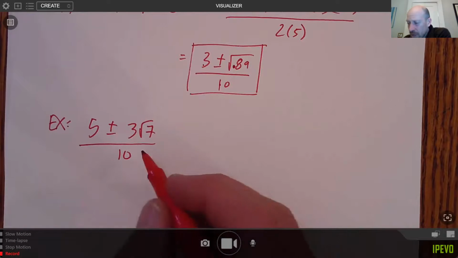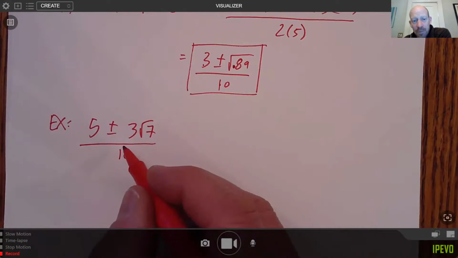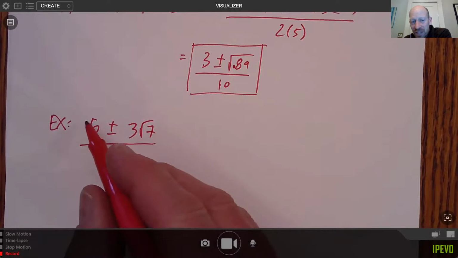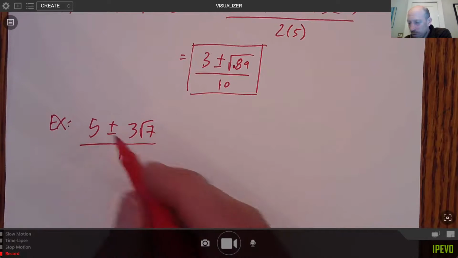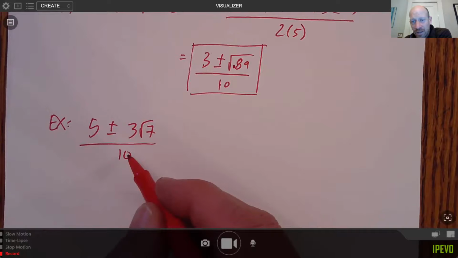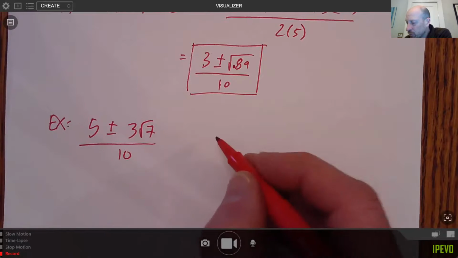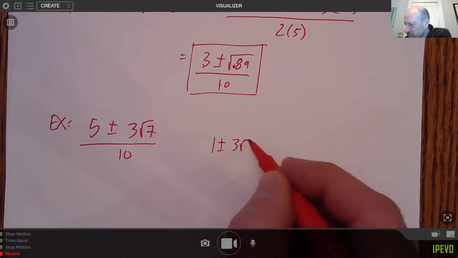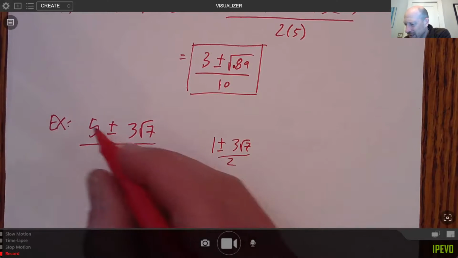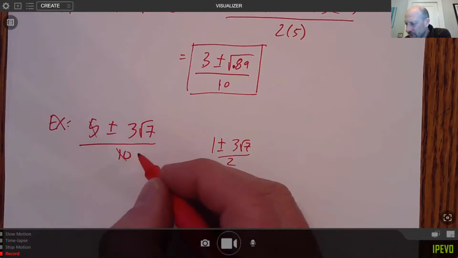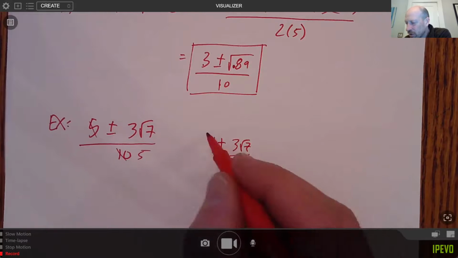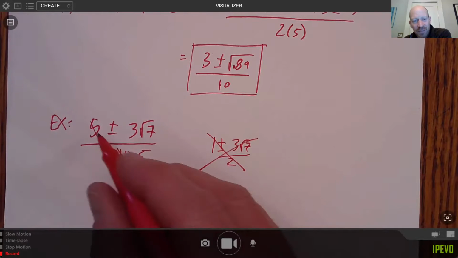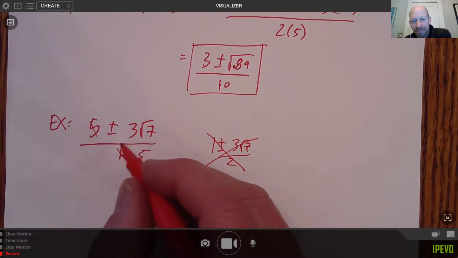This would be a fine spot to stop. I cannot just cancel the 5 here with the 5 and the 10. So a number of students will end up with something like 1 plus or minus 3 square roots of 7 over 2. They'll kind of cancel these 5s. But that doesn't work because the 10 has to be divided into both of these terms.